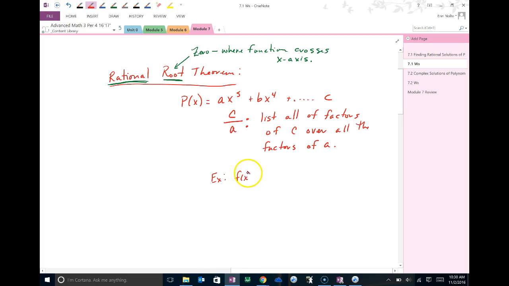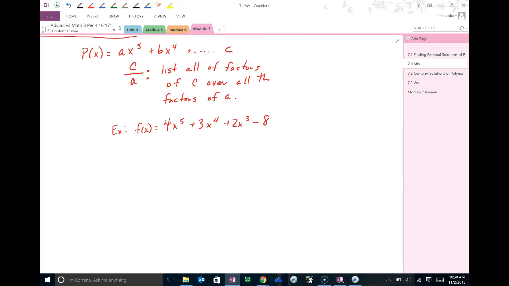So, an example of this idea. Let's say we have 4x to the fifth plus 3x to the who cares plus 2x to the even who cares more, minus 8. And they would say, list all possible rational roots.